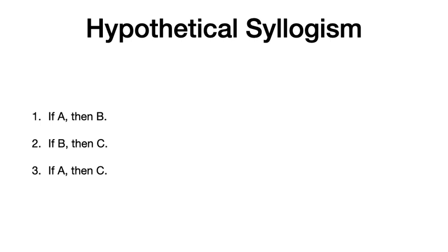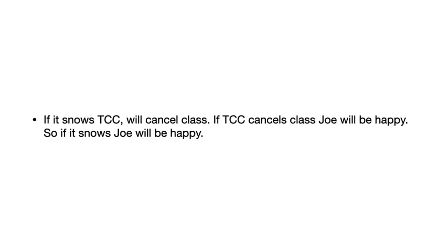If A, then B; if B, then C. Well, if those are true, then if A, then C. Whenever A is true, B is going to be true. Whenever B is true, C is going to be true. Well, if that's so, whenever A is true, then C will be true as well. If it snows, TCC will cancel classes. If TCC cancels classes, Joe will be happy. So if it snows, Joe will be happy.